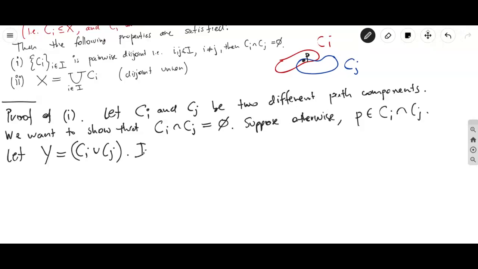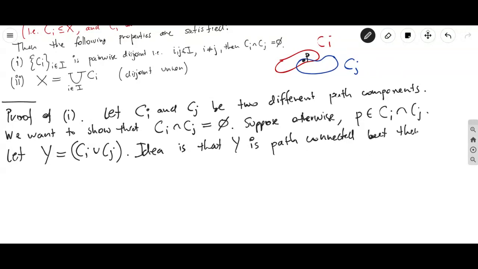So the idea is that Y is path connected. That's precisely because they overlap. If they have a point in common, they overlap. And then the union will be path connected.